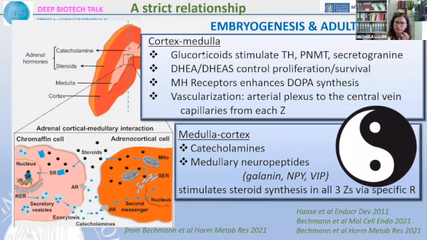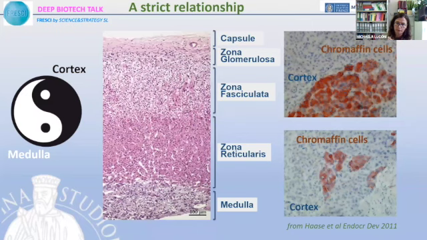So the cortex regulates the secretion of the medulla, and conversely, the medulla can regulate the steroid secretion of the cortex, by the secretion of different paracrine factors and also hormones from the two parts, and even by direct contact between the chromaffin cells and the cortex.